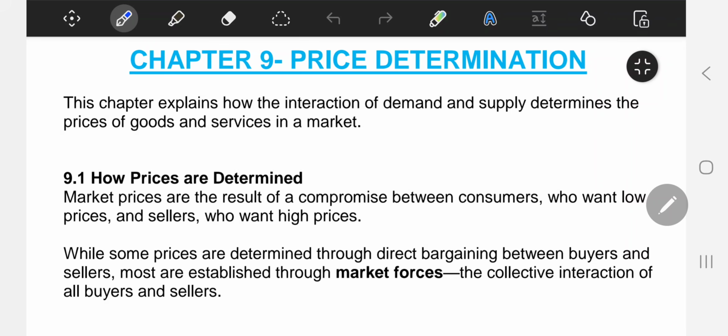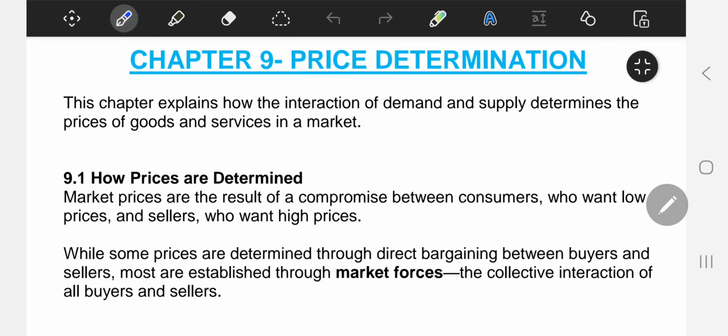Now, how are prices determined? Between the suppliers and the consumers, they're going to have to make a compromise. The suppliers must be willing to take a lower price, and the consumers must be willing to pay a higher price. So there's going to be a compromise between these two groups of people.